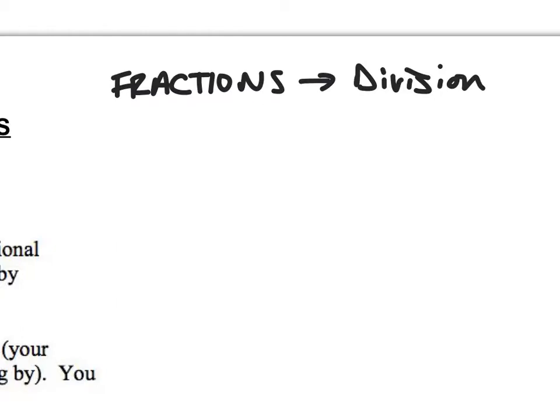So we want to recall something. Let's say I want to add 1/7 plus 2/7 plus 4/7. Add all those numbers together. Now, if I were adding these fractions together, I would understand that I have a common denominator.